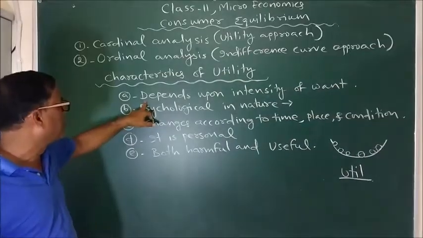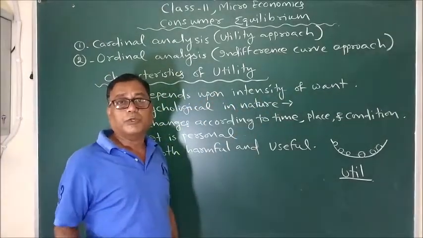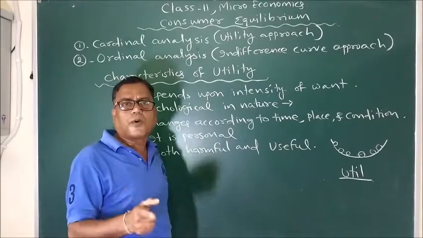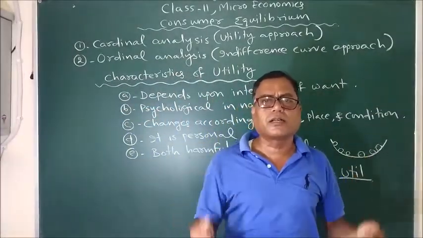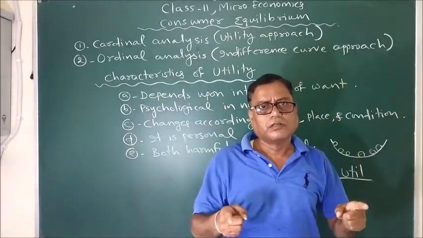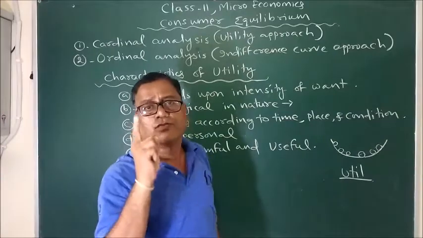The first point says depends upon intensity of want. Utility depends upon intensity of want. Intensity of want means how urgent our want is, and accordingly we will derive satisfaction from the consumption of that particular good.